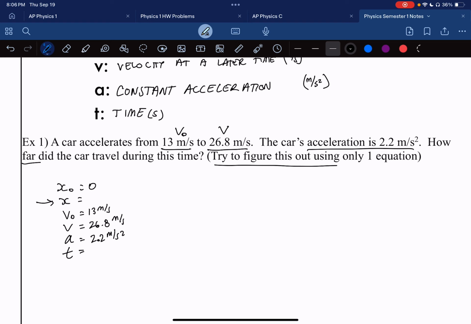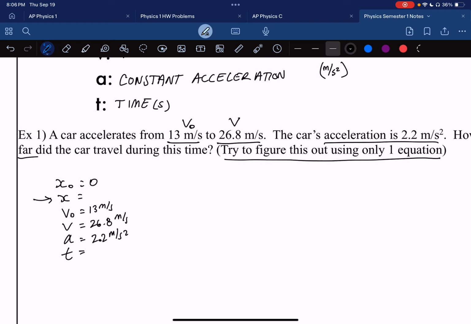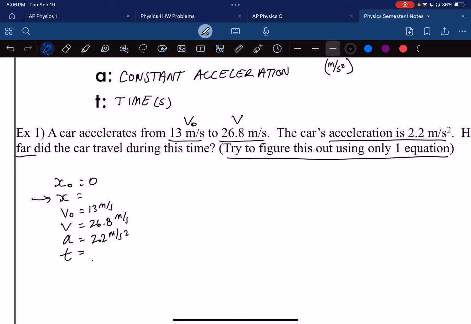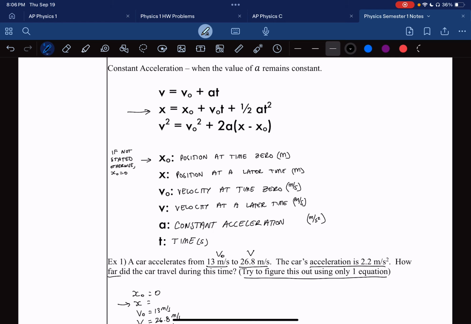Now, truth be told, you can solve this 2 ways. You can solve first for time, using the first equation, which is very easy, and then you can use the second equation, which solves for x directly. But in this video, I want to give you a chance to use the third equation.